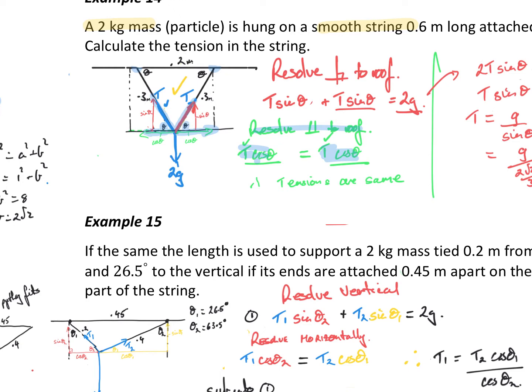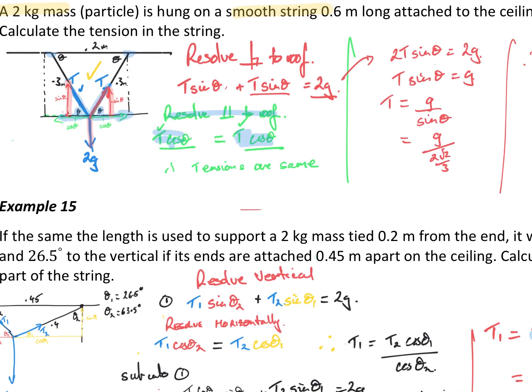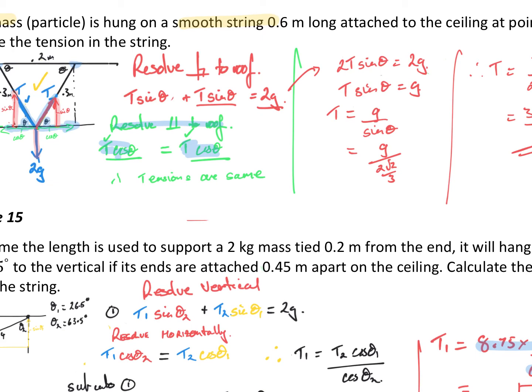All right, which is what we expected. If we go to our vertical forces, I've got T sine theta plus T sine theta has to equal 2g acting down. They're the opposite sides of the little triangle that we create. So in reality, we end up with 2T sine theta equals 2g.